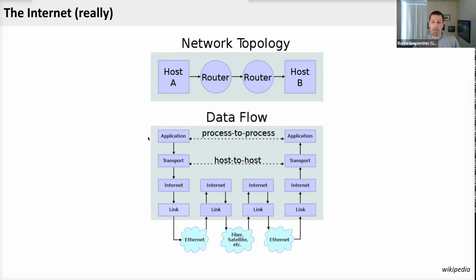If we think about it from the data flow perspective, which is slightly expanded from the image on the previous slide, what you think is happening is that your application is directly talking to the application on the website, your Amazon shopping cart or your Google request. In reality, we're going down to a transport layer where we establish some host-to-host connection that is routed through the internet with some links going through the local Ethernet.